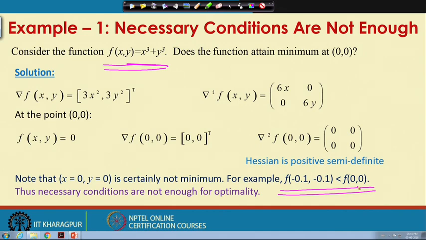But even a very small negative value of x and y will have a function value which is less than 0. So, 0, 0 cannot be a minimum point. So, the necessary conditions are not enough for optimality.